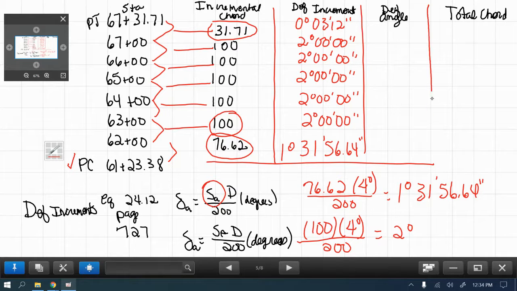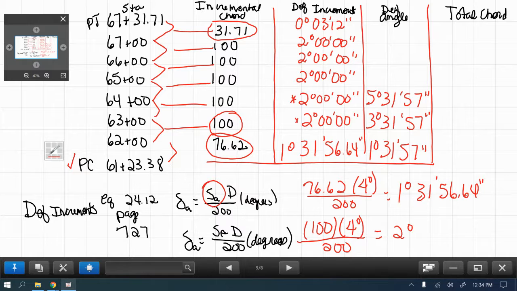Okay, so deflection angles are just accumulative. So the first one's always going to be the same, 1 degree, 31 minutes, and I'm going to say this is 57 seconds because you'll see it's going to add up. And then we're going to add 2 degrees every time. So that would be 3 degrees, 31 minutes, 57 seconds. And that would be 5 degrees. So I'm adding these deflection increments. So this particular one was 2 degrees.